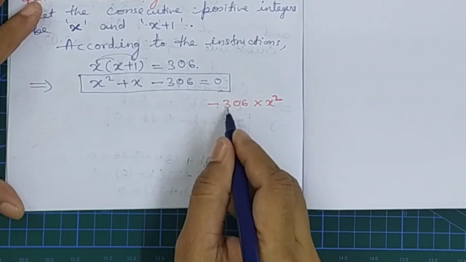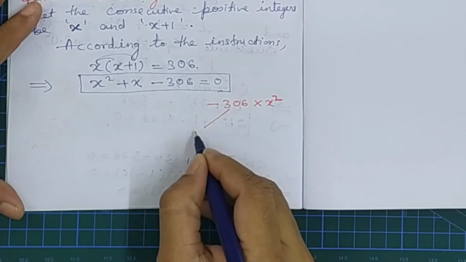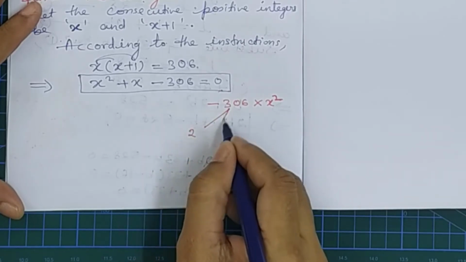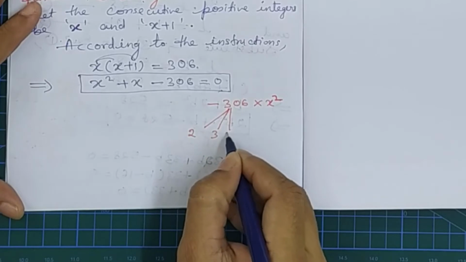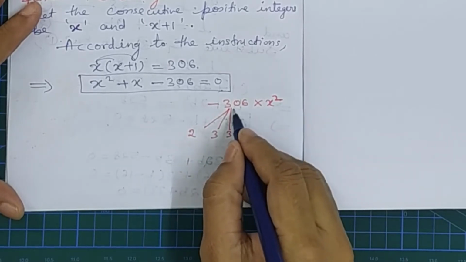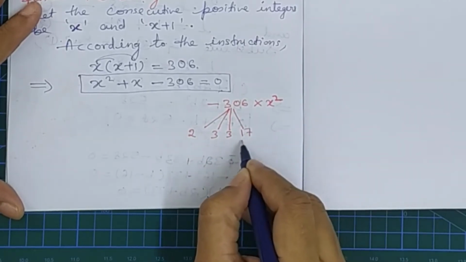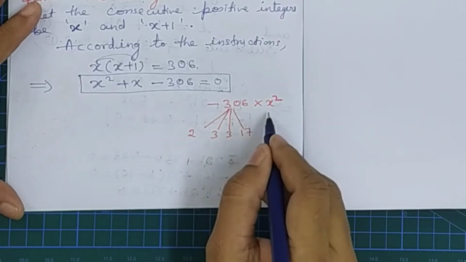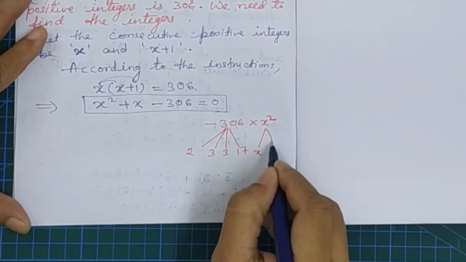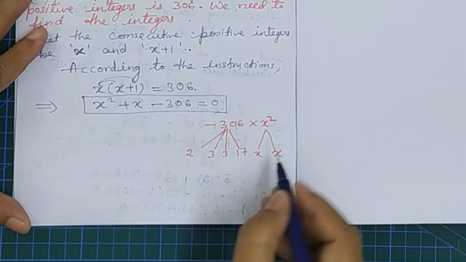The minus symbol exists, but the prime factors of 306 are 2 into 3 into 3 into 17. When we multiply all of them, we will get 306. X² can be factorized as x times x.